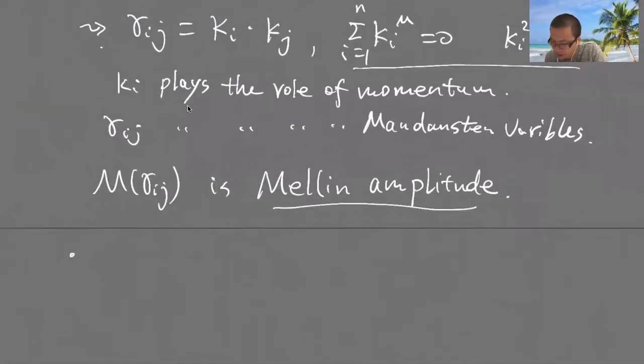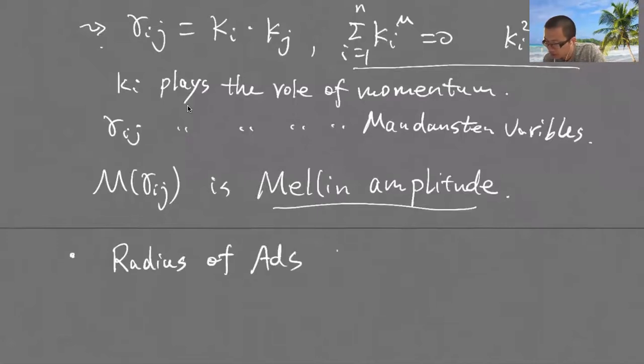So in particular, one point is that, remember, in AdS space one can take a so-called flat space limit. Namely, we can take the radius of AdS to infinity.